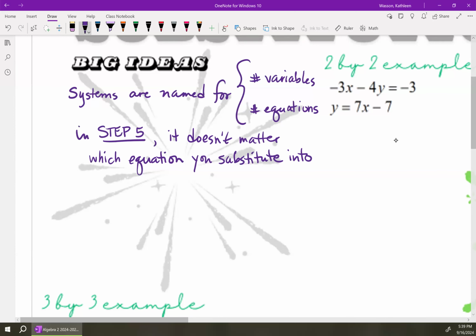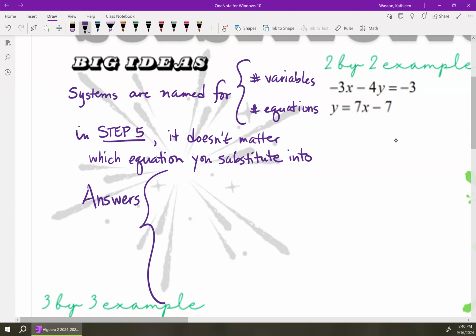So say here, I solved for x first. Then when I get my x value, I could put it into either one of these equations and solve for y. It doesn't matter which equation I substitute into. The final big idea has to do with your solutions, your answers.